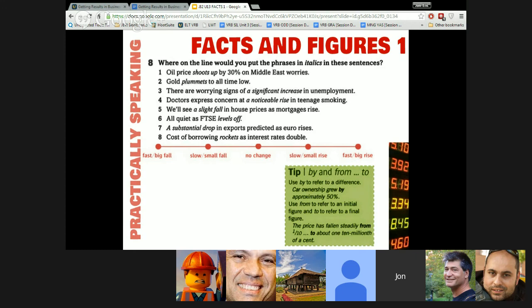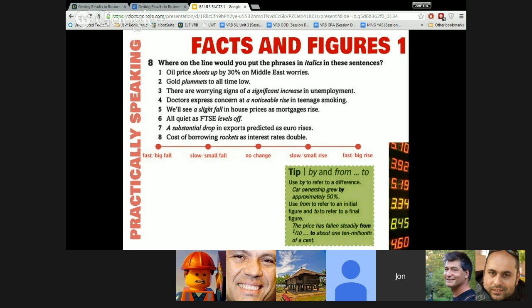All right. A substantial drop in exports predicted as euro rises. Substantial drop in exports predicted. So look at that. Are we talking about a big fall, no change, a big rise, a small fall?